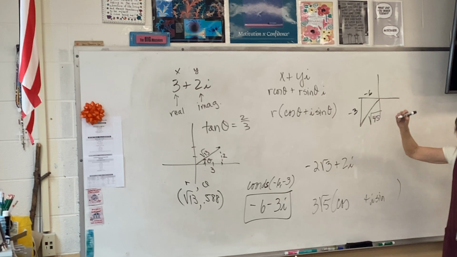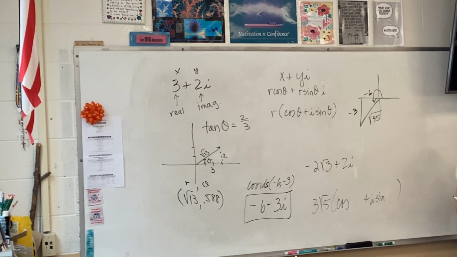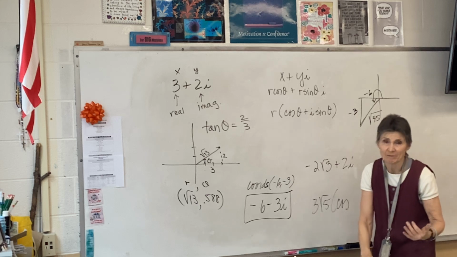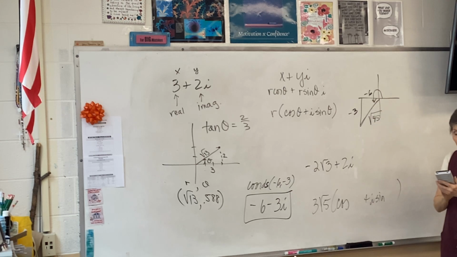Now I need the angle, be careful. This is the angle that I need. But my calculator won't give me that angle. We spent time talking about that. I need to find that angle. Okay? So I'm going to second tangent 3/6.